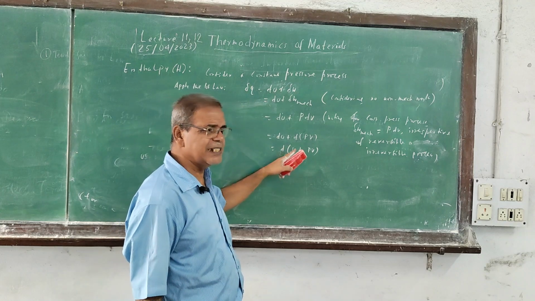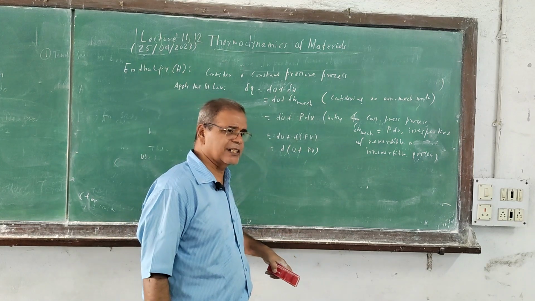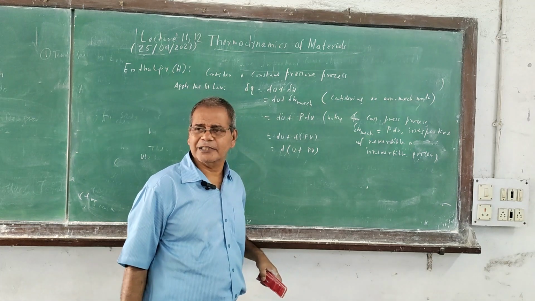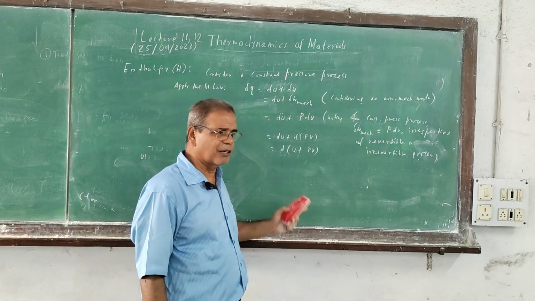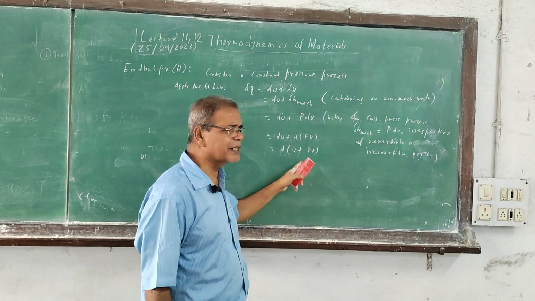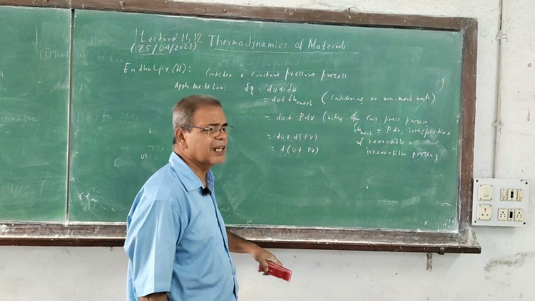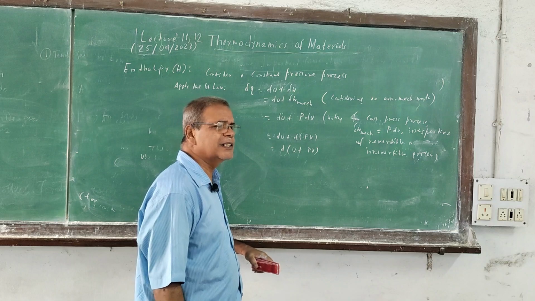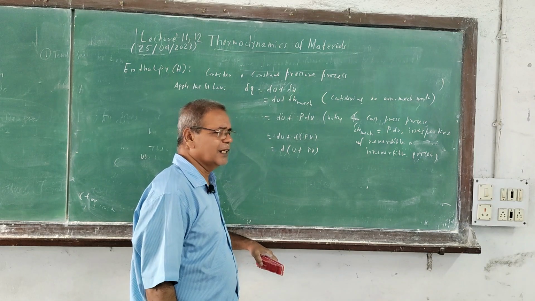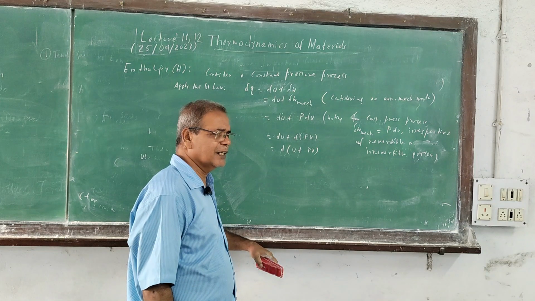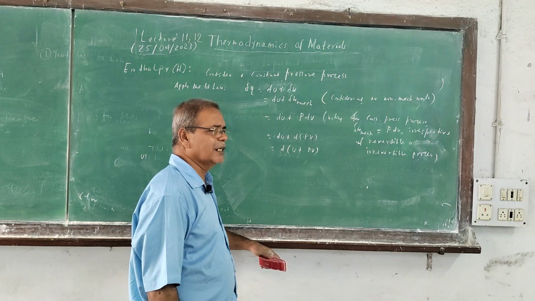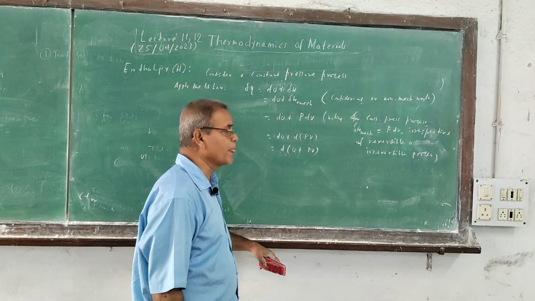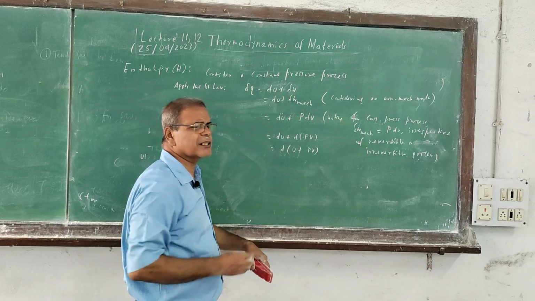Its change in this function, I don't know what it is, a new function, we are still wondering what it is. U plus PV is such a function, its change is equal to heat interaction, a very important thing. Heat interaction is a very important property, okay, data. So this must be very important.